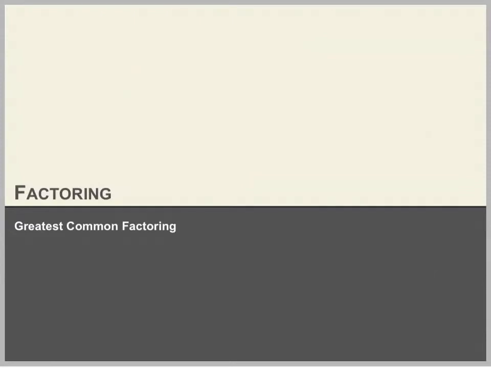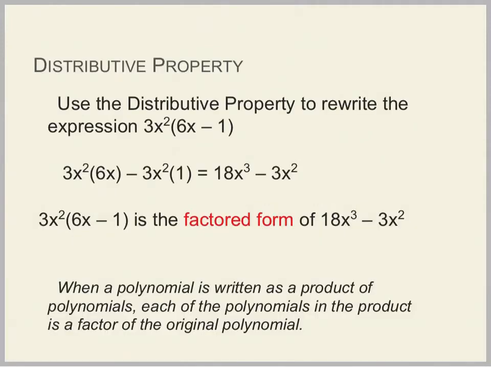Let's take a closer look at factoring, specifically factoring by using the greatest common factor. If we recall the distributive property, it tells us that we can take this monomial multiplied by a binomial and distribute it to each term in the binomial.